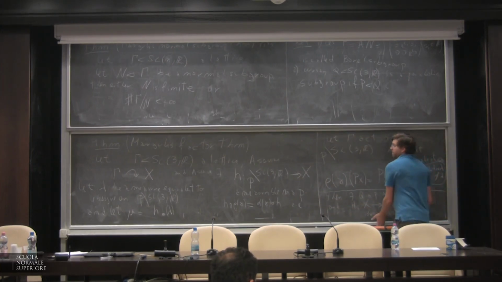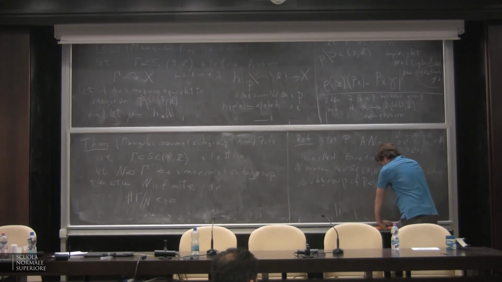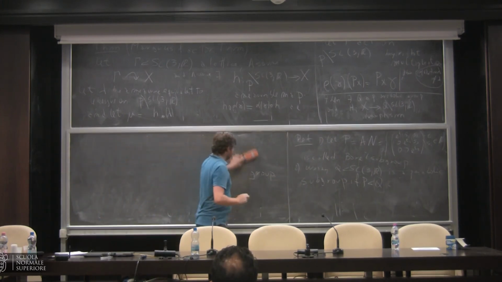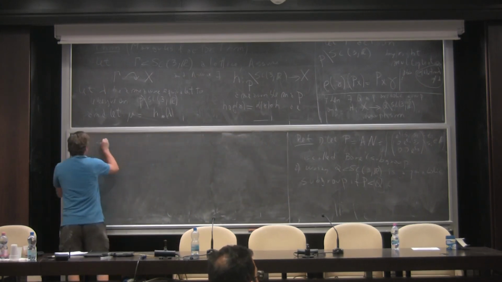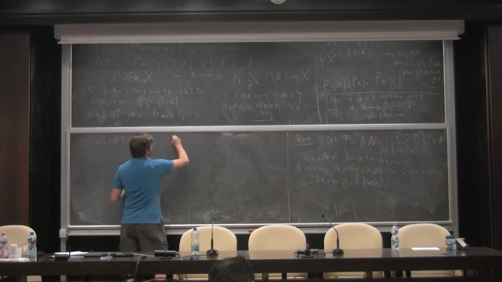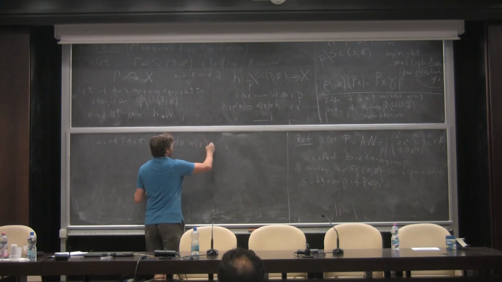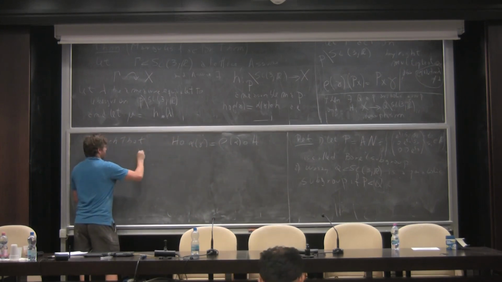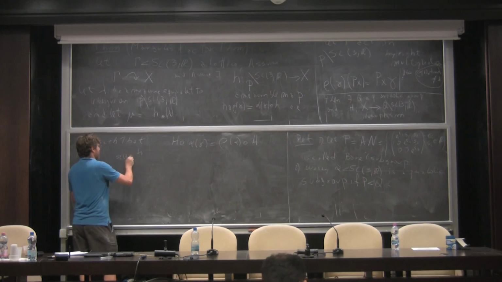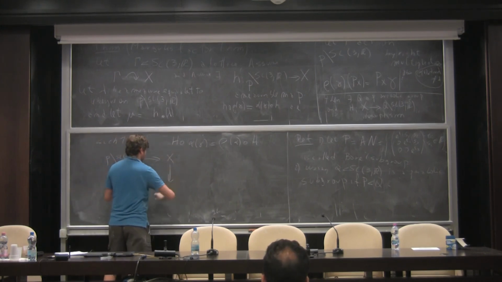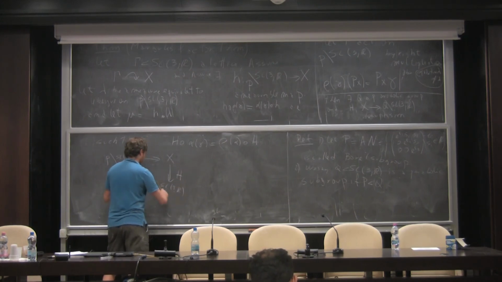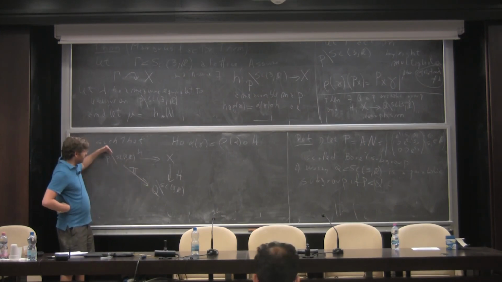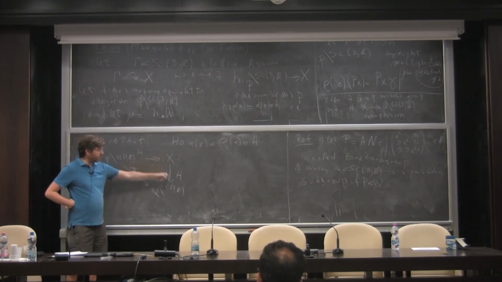So, just to finish. Since Q is larger than P, there is a natural projection from here to here, and this is an isomorphism.